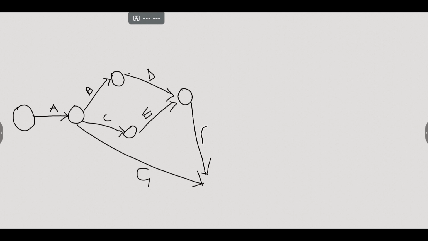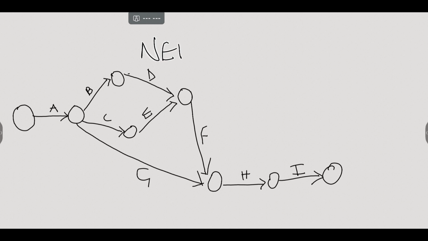This is F, to show the precedence, and this will be H. I is preceded by H, and this is I. And I said a project has a definite starting point and an ending point. So this becomes the end, and that is your network diagram.